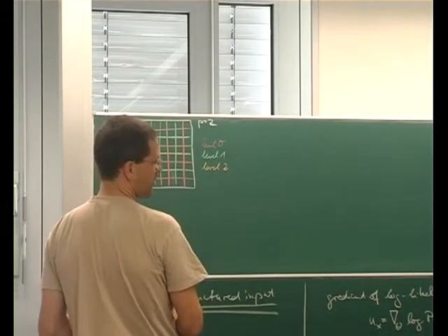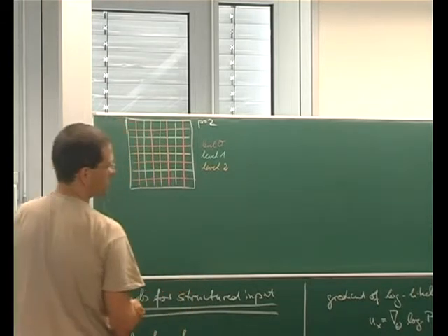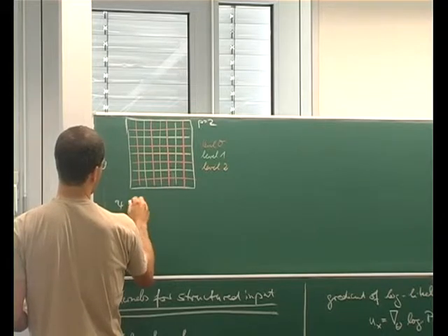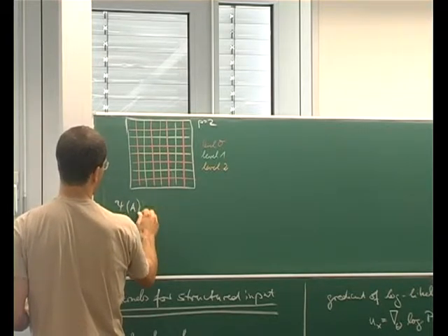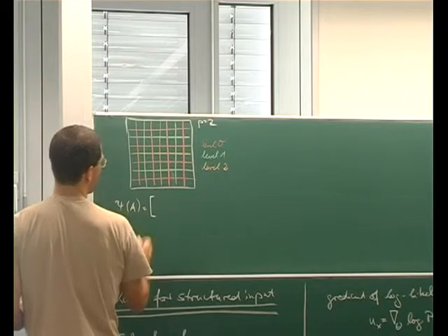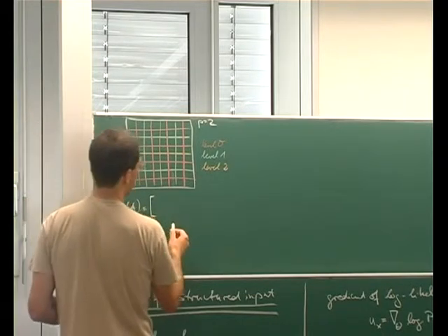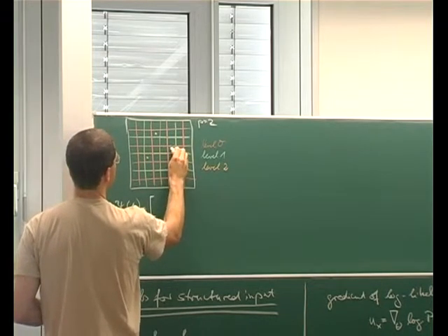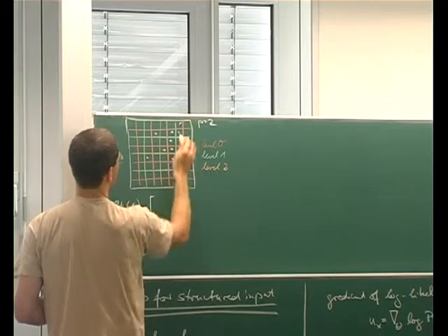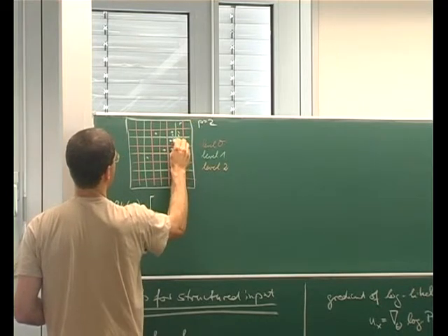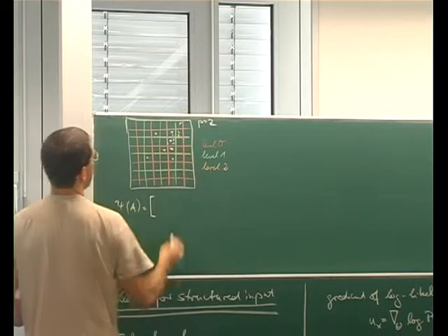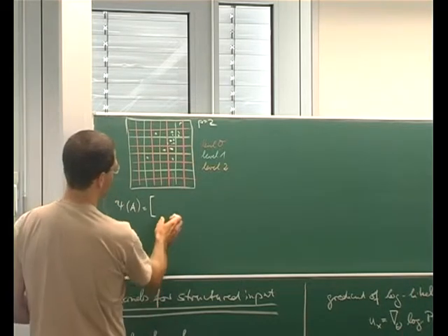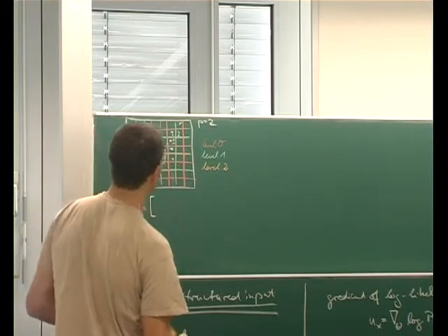So for this particular example here, psi of A would be, so let's say we have a set A of points in this feature space. And we would now have a histogram first at the finest level.